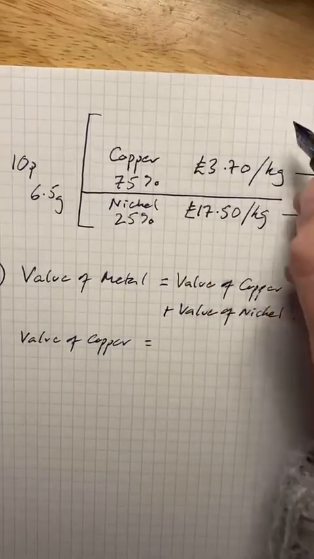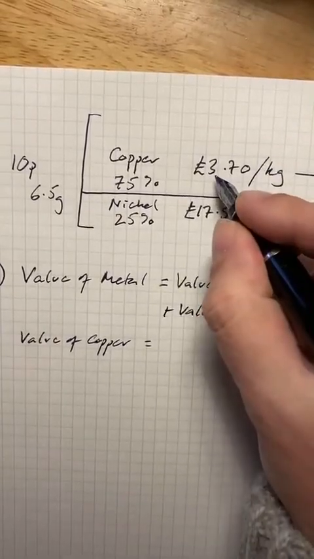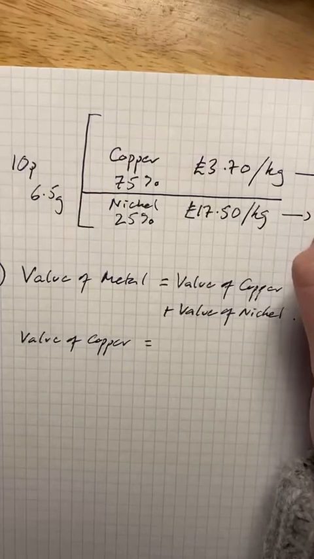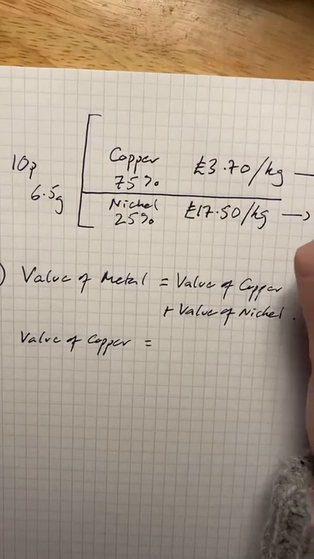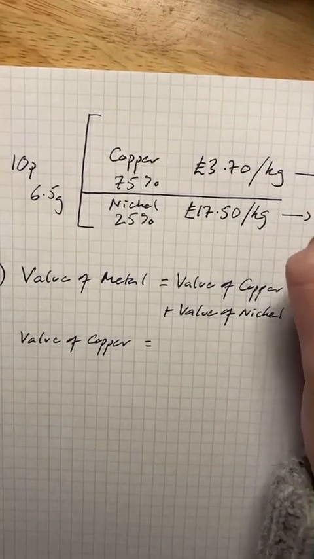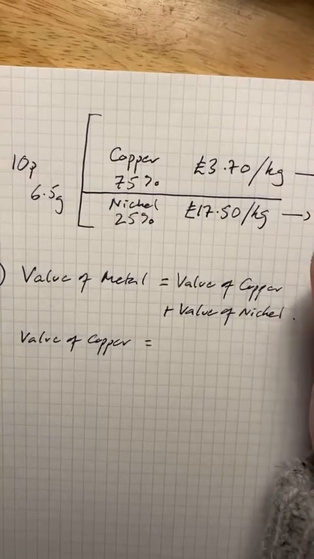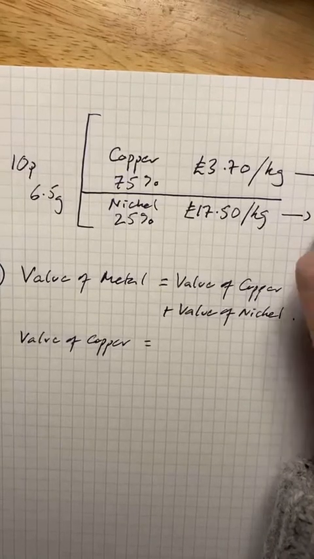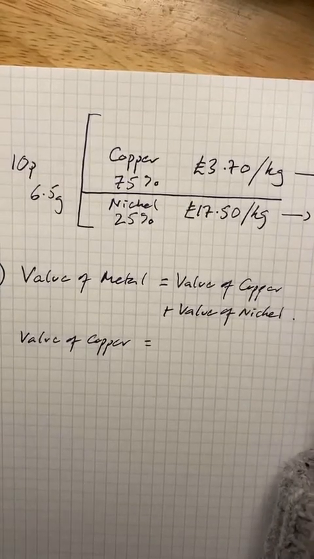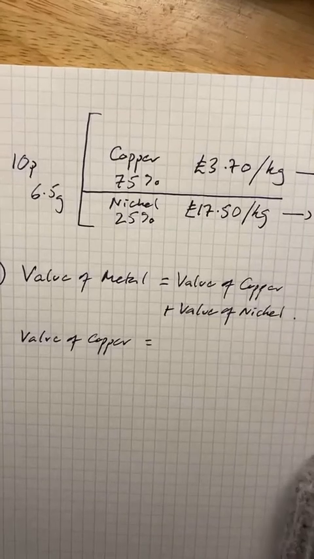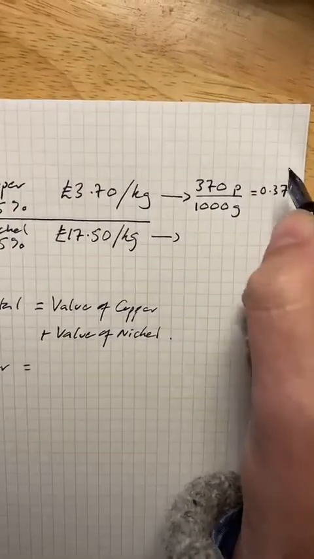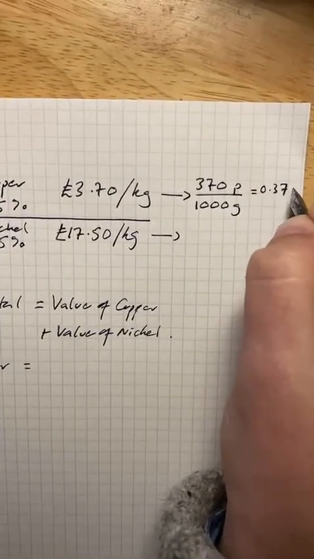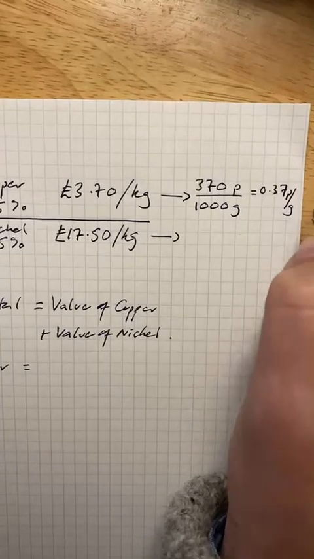That's 370p per 1,000 grams. So we divide that by 1,000, 0.37 pence per gram.